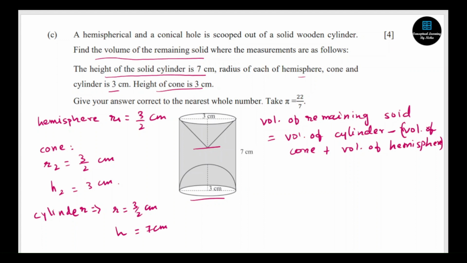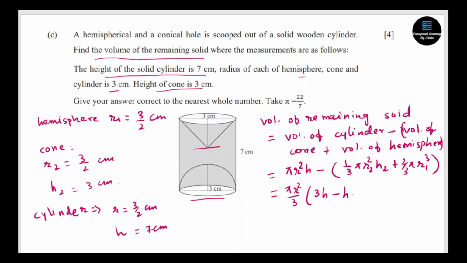So basically you have to subtract both of them, right? So r square 3 I'll take common, and now what is left with me is 3h minus, here it is h2, right, and minus it is 2r1 or simply 2r.